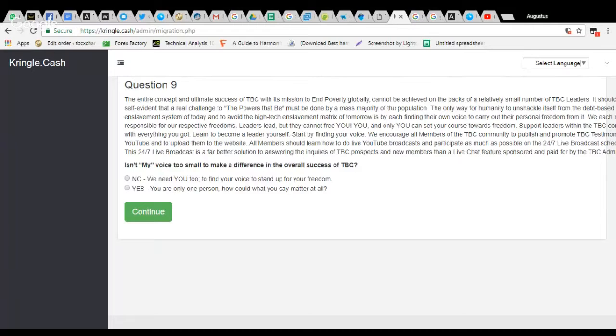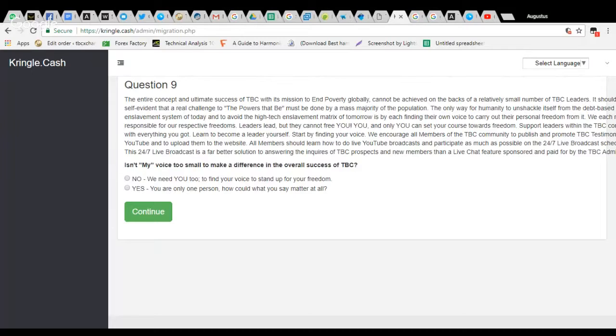It should be self-evident that a real challenge to the powers that be must be done by a mass majority of the population.